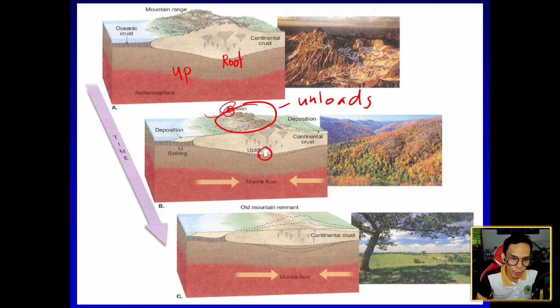Now what will happen to those places where the materials from the mountain are relocated? For example, this one. The materials from the mountain, we call it deposition. So this is now the new position of the soil, the rock, and other materials that come from the eroded mountain. That one will increase its weight and it will sink.